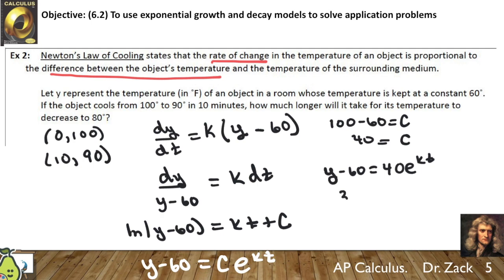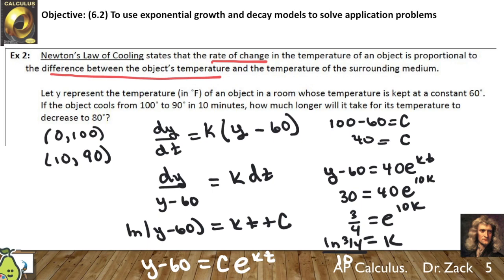Substitute your 90 in. We get 90 minus 60 is equal to your 40 e to the 10 times k. So 3/4 is e to the 10k. Find the natural log of that, and we get the natural log of 3/4 divided by our 10 is going to be equal to k.